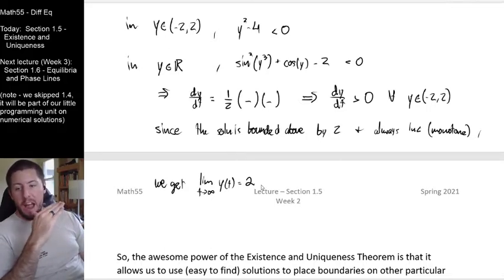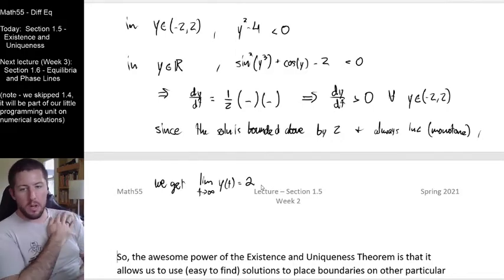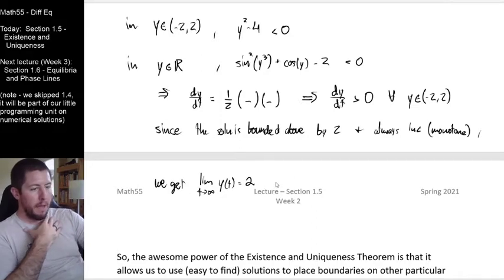It's going to increase forever, but it's never going to get to 2 or above right there. So it's going to limit towards 2 in the long run. So our monotonic bounded theorem.